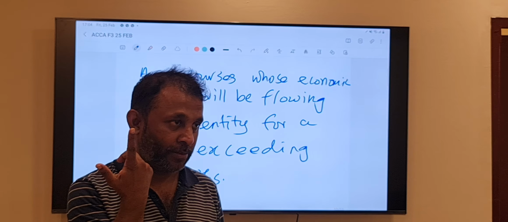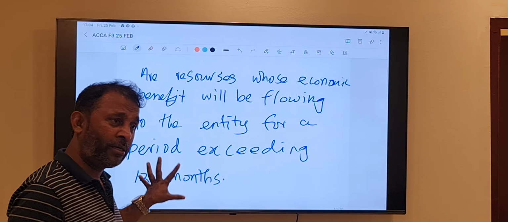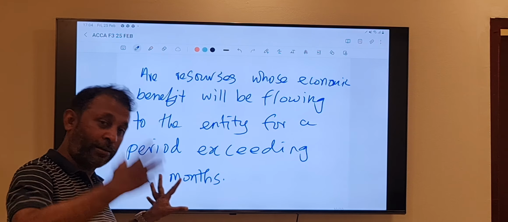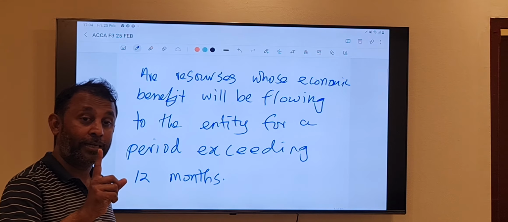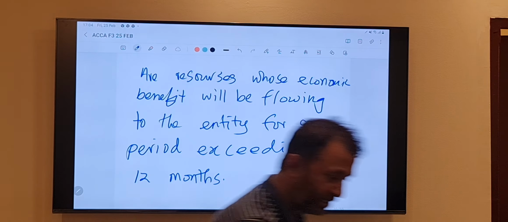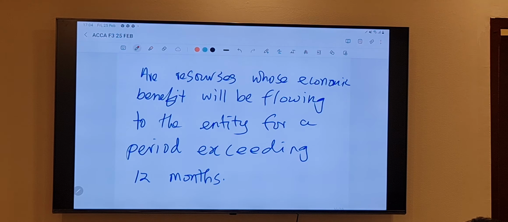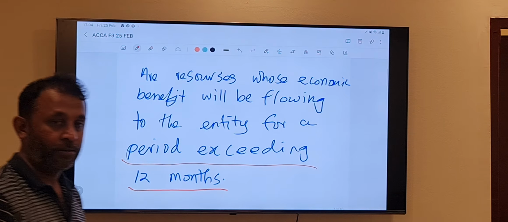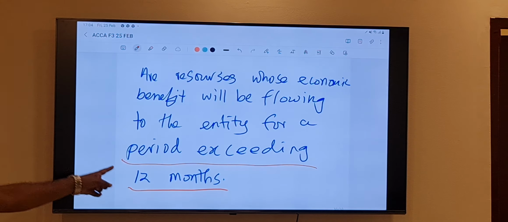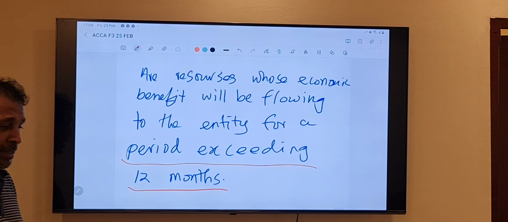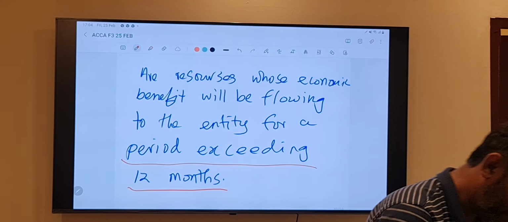Otherwise no point. So these resources should bring economic benefits. But the condition is, a very important condition, that it should exceed a period of 12 months. Exceeding 12 months.